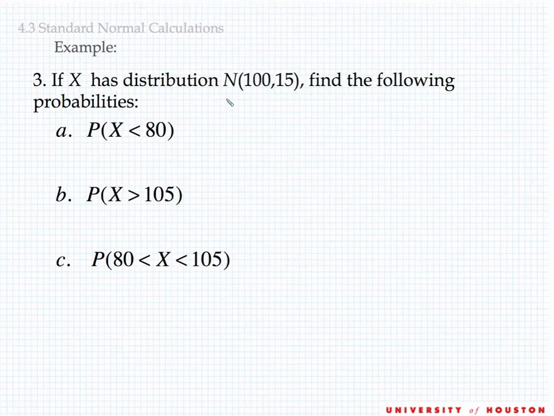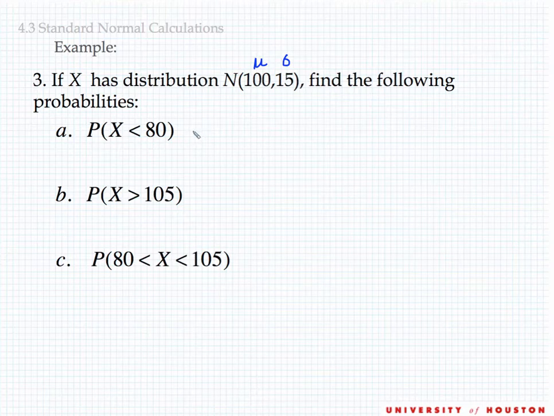Now let's look at a distribution that's not centered at 0, not standard normal. So this is our mean, 100, and this is our standard deviation, 15. One way to do these is to standardize them. If we needed to use the table, we would have to standardize them, or we can input our values directly into the calculator, and I'll do this both ways.